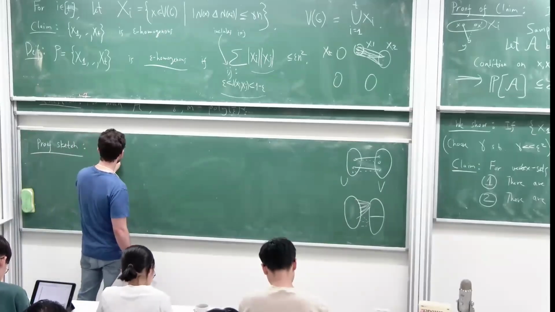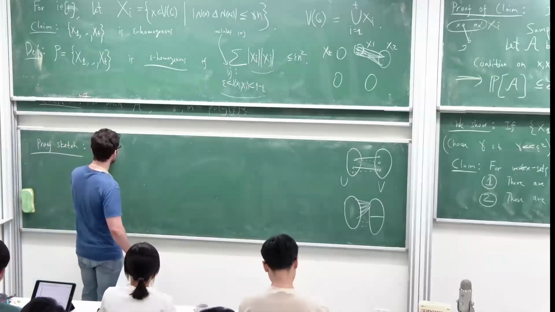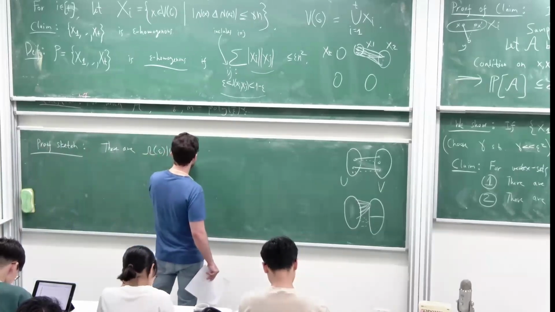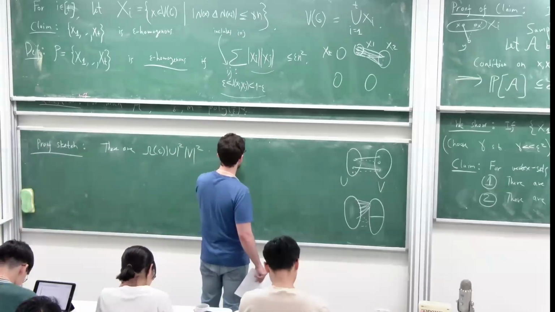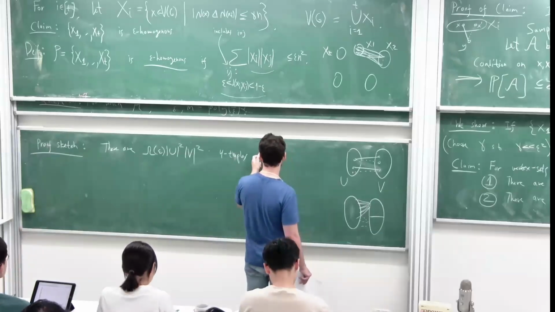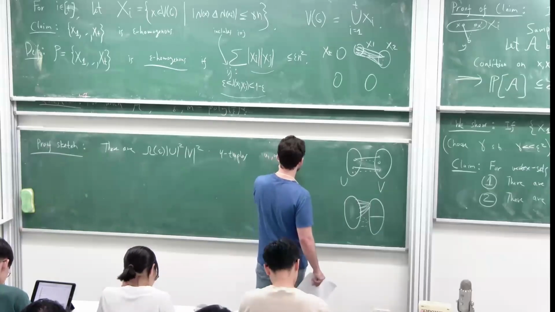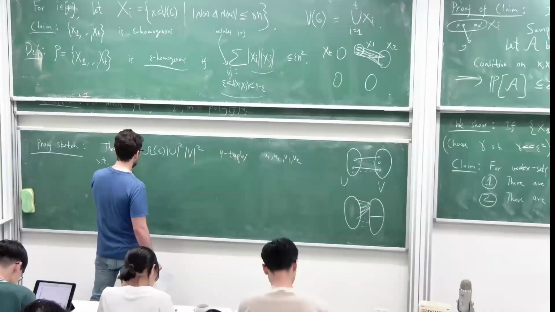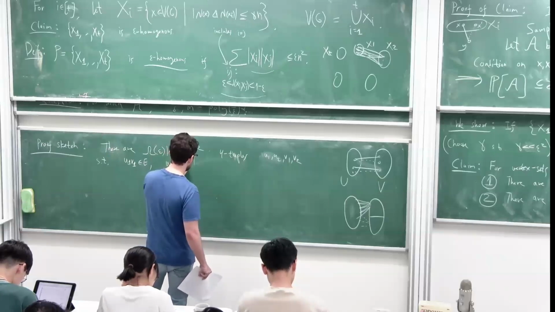I'll just give you a sketch and you can fill out the details. It's pretty simple. There are omega of epsilon, U squared, V squared four tuples, let's call them U1, U2, V1, V2, such that U1, V1 is an edge, and U2, V2 is a non-edge.